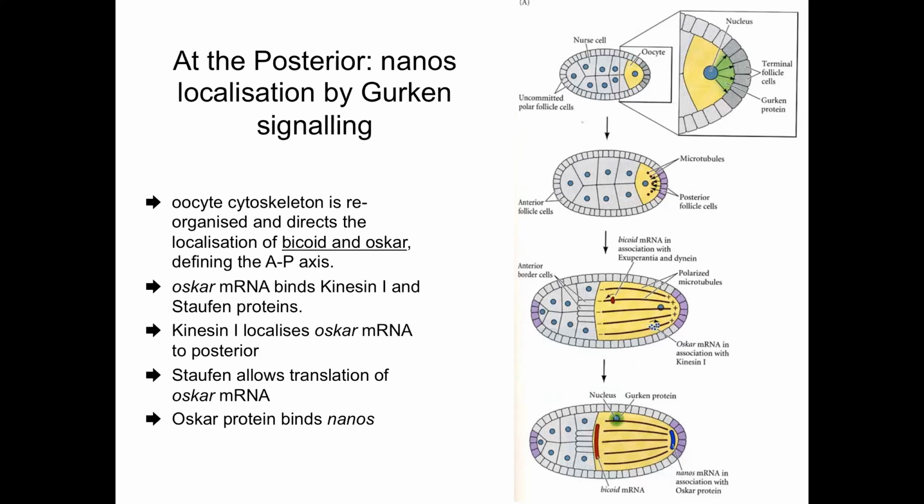I know that the ooplasm at this point of time keeps it localized to one side, and the presence of Staufen and the mRNA and RNA binding proteins kind of localize the nucleus to these terminal follicle cells. So this local area is quite restricted in keeping the nucleus to this end.